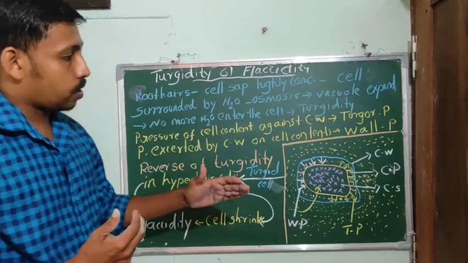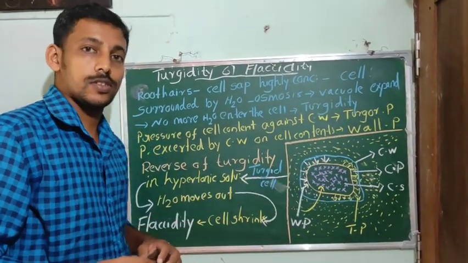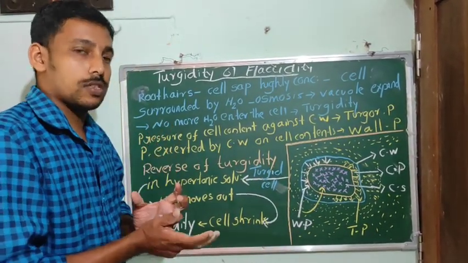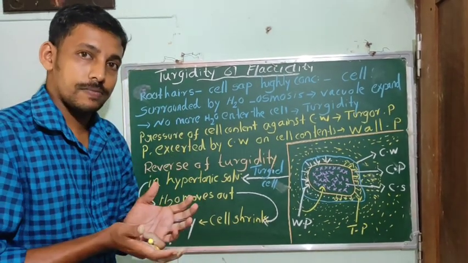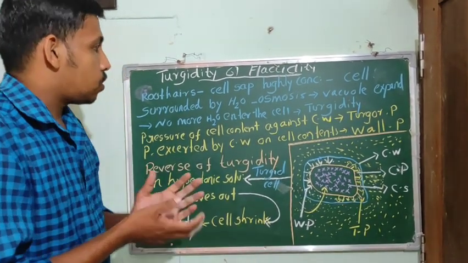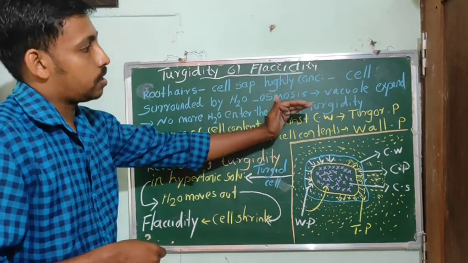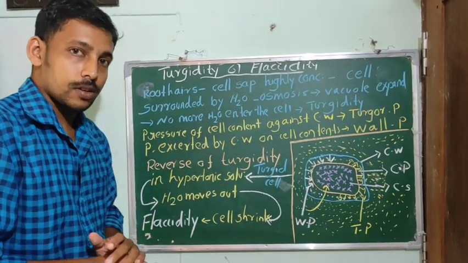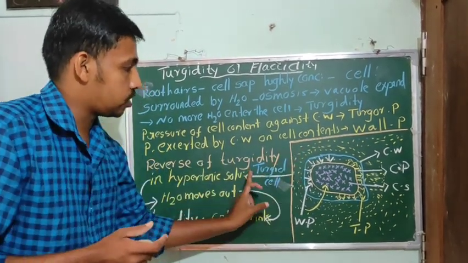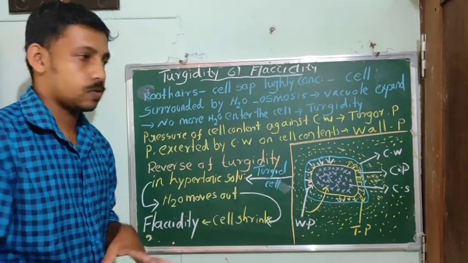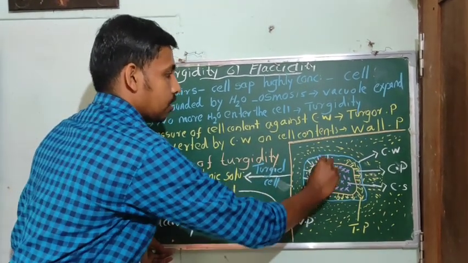So endosmosis is taking place, and due to this endosmosis the vacuole will expand. This condition is known as turgidity, and this cell is known as a turgid cell. So this is a turgid cell.